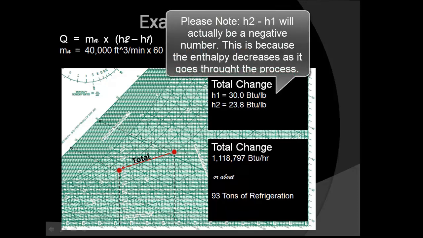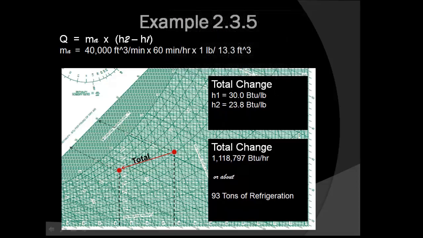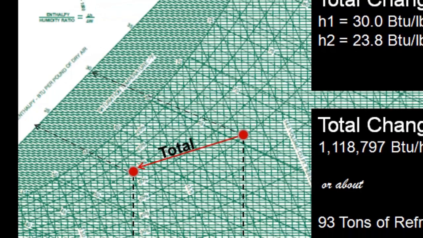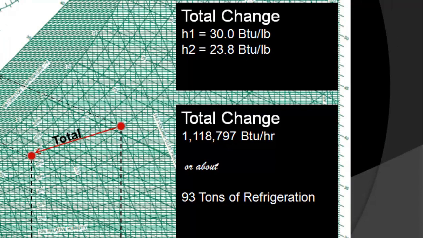The total change is going to be the enthalpy change as it goes through this process. The entering enthalpy, H sub 1, is shown on the psychrometric chart to be about 30 BTUs per pound. At the leaving conditions, the enthalpy is 23.8. This gives us a total change of approximately 6.2 BTUs per pound.